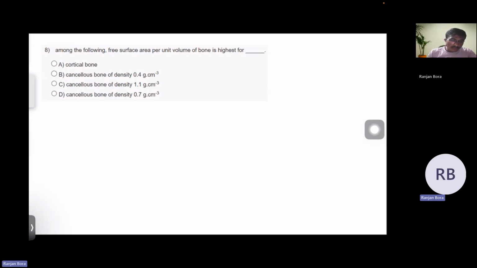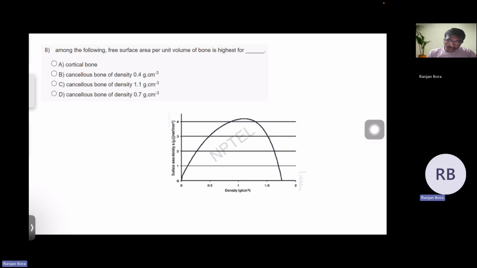Next question is, among the following, free surface area per unit volume of bone is highest for. So here we can see one chart which relates the surface area density of bone with the density.